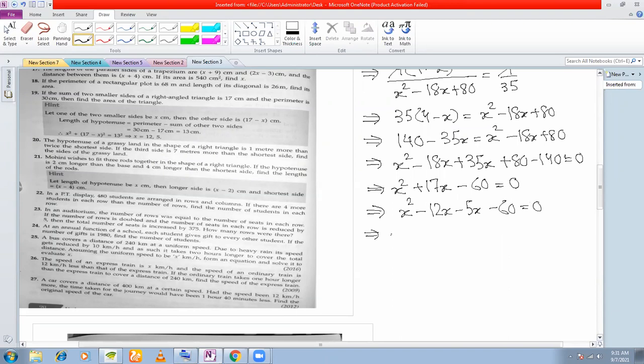Now you can factorize this. This is a positive sign, so the 20 into 3 we'll use here instead of 12 and 5. So you break it up as plus 20 into minus 3.